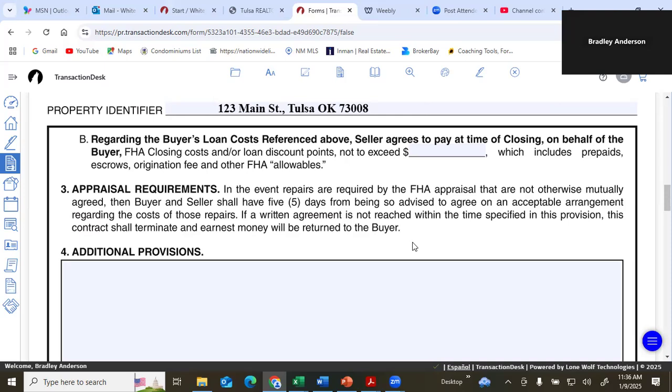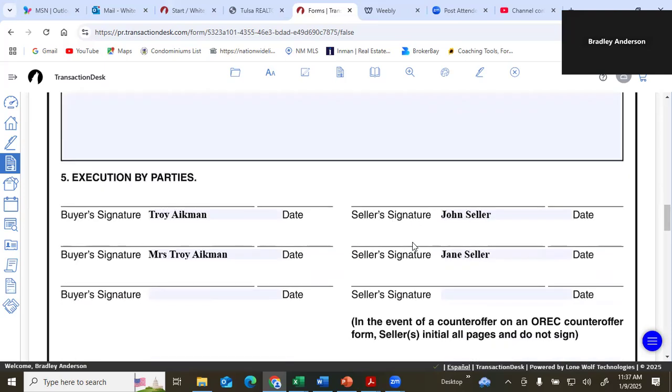But because it only appraised for 380, the buyer has to come up with that extra $10,000 somewhere. It has to be in cash. The only stipulation is it can't come from a borrowed source. They can't get a loan to make up that amount. Okay. And then the buyers and sellers sign this.